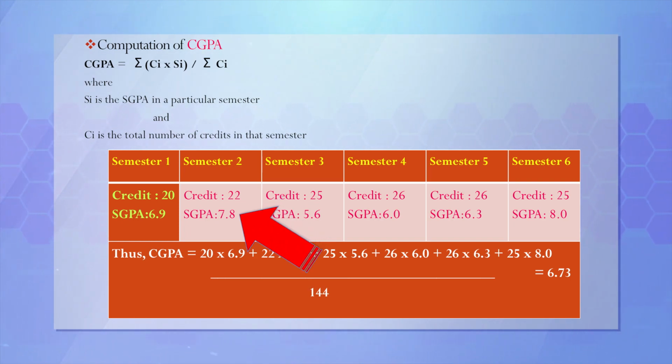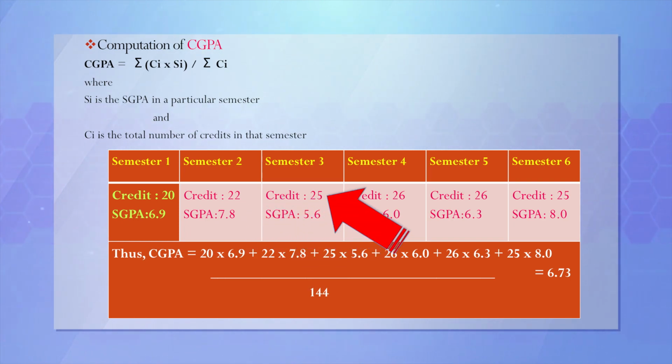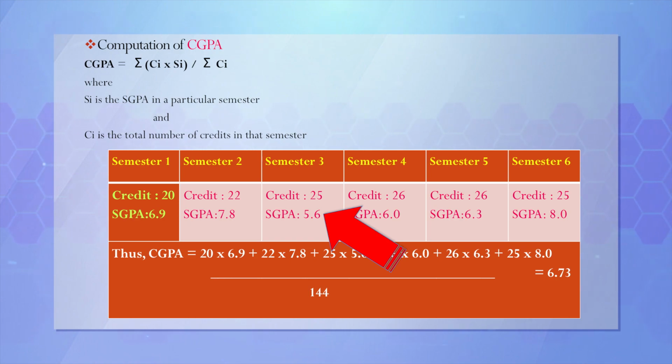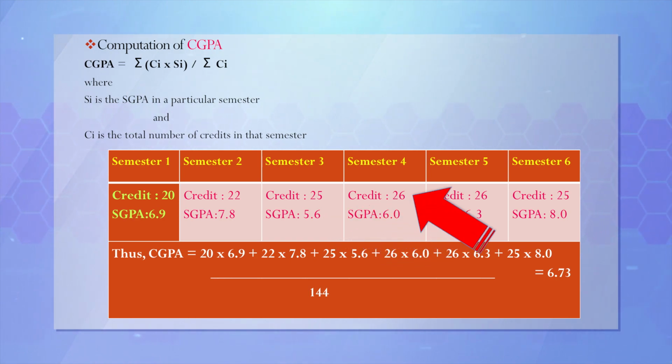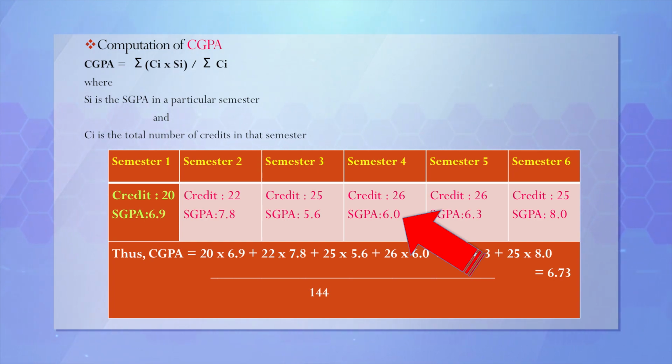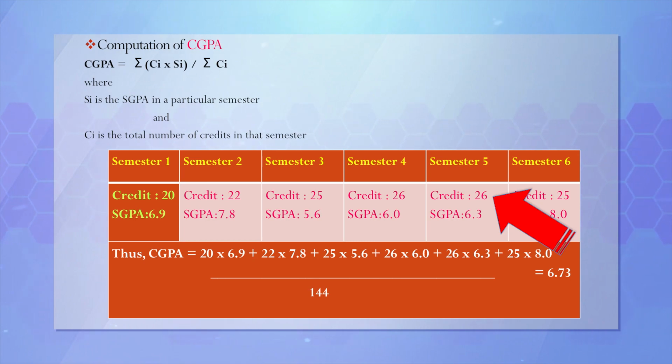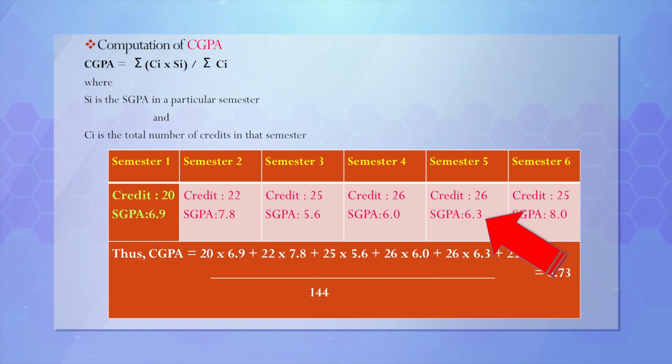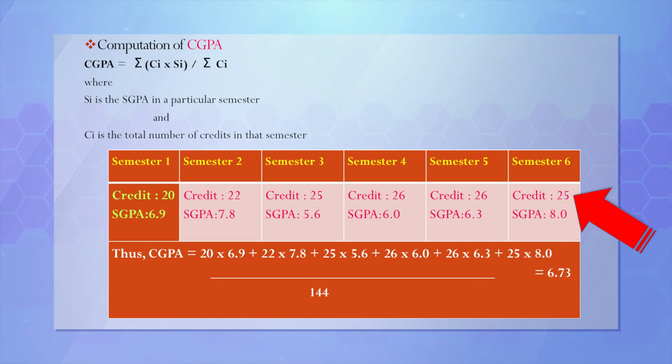In semester 3, there are 25 credits and SGPA is 5.6. In semester 4, there are 26 credits and SGPA is 6.0. In semester 5, there are 26 credits and SGPA is 6.3. And in semester 6, there are 25 credits and SGPA is 8.0.